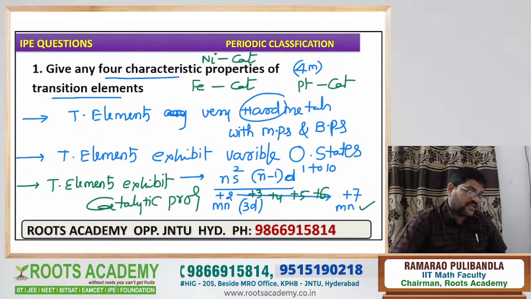See the points once again. Transition elements are very hard metals. Because of the hardness, they exhibit high melting points and high boiling points with high densities. Because the hardness is more, density is more.